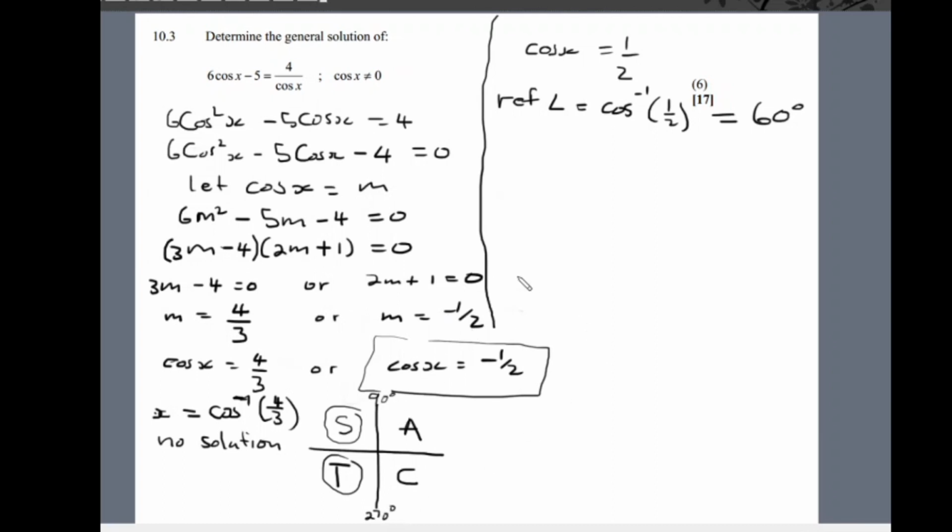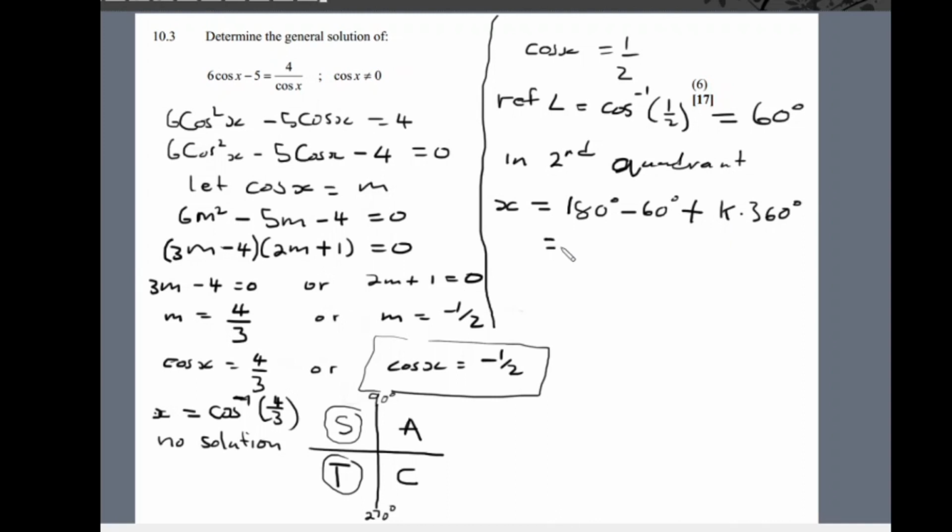So now to find those angles, sizoti in the second quadrant, using this reference angle, we know x will be equals to 180 degrees minus 60, plus k 360, where k is an integer, right?